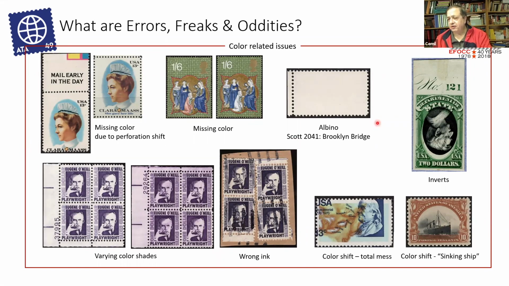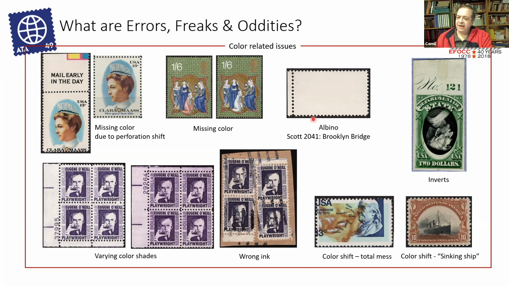It's an albino. Now, how do we know that this is code 2041 showing the Brooklyn Bridge? From here, you can't tell, but actually, if you took this stamp in your hand and looked at it obliquely, you can see essentially the pattern left by the printing plate.